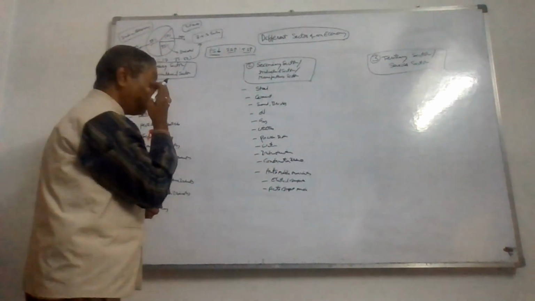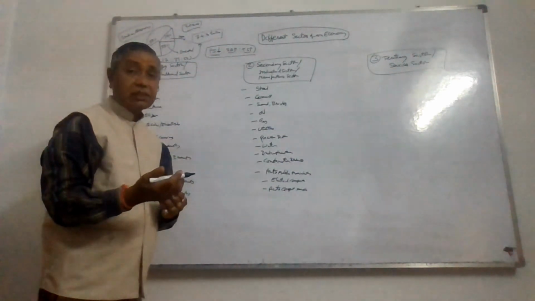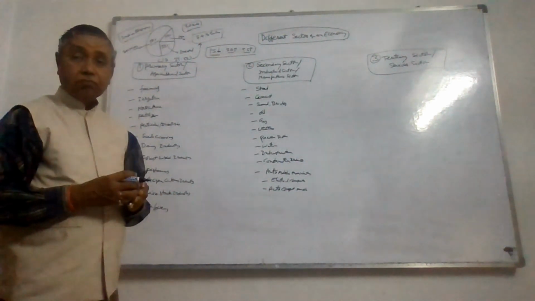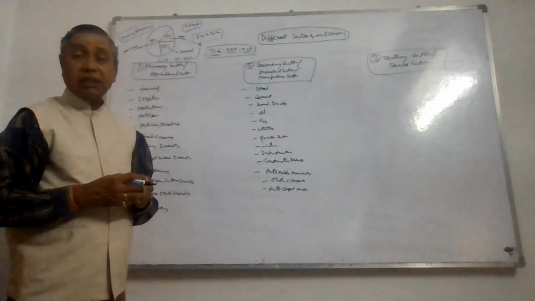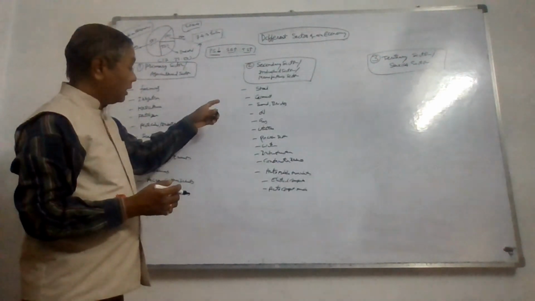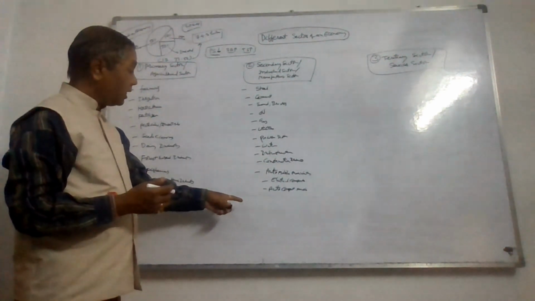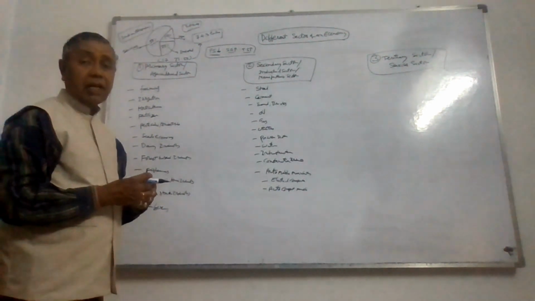Like that, in the manufacturing industry there are several industries. Right now, the semiconductor industry is also coming. Semiconductor industry, right? Like that, all these are different areas contributing to the manufacturing sector of an economy.